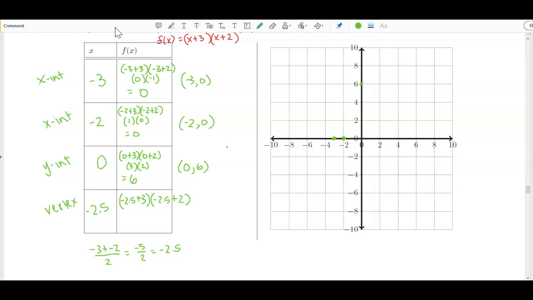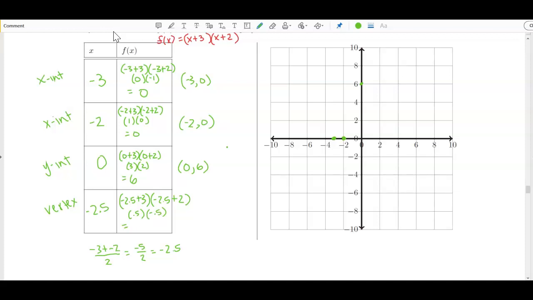Well, -2.5 plus 3 is just going to give me a positive 0.5, and on this one, -2.5 plus 2 would be a -0.5.